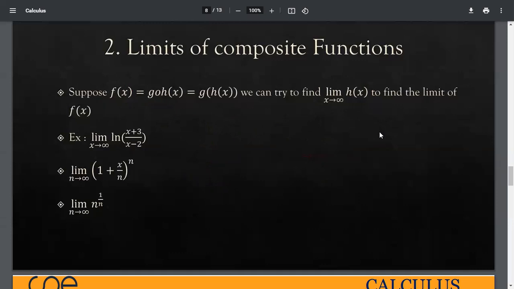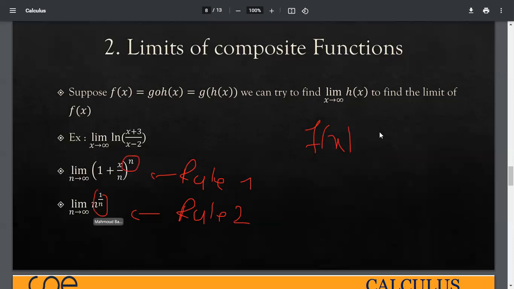So there are two famous rules, okay? This is rule 1 and this is rule number 2. It says that if I have f of x and f of x has the powers, you see here n and 1 over n, it's better for me to write it as e to the ln f of x.